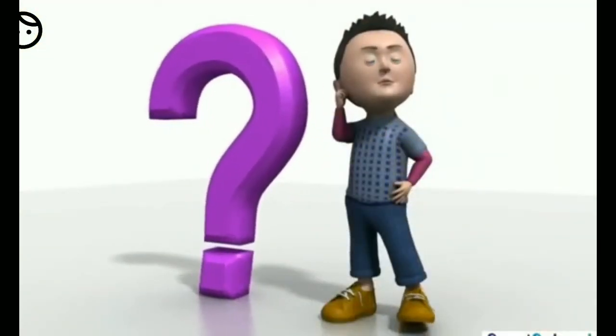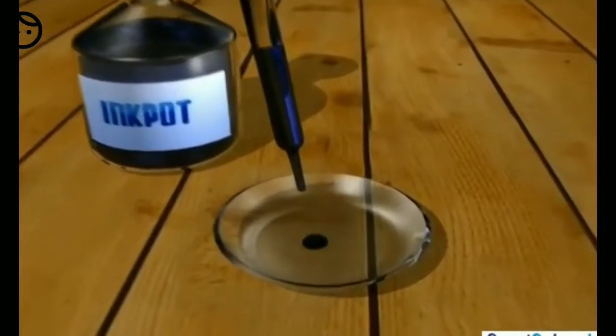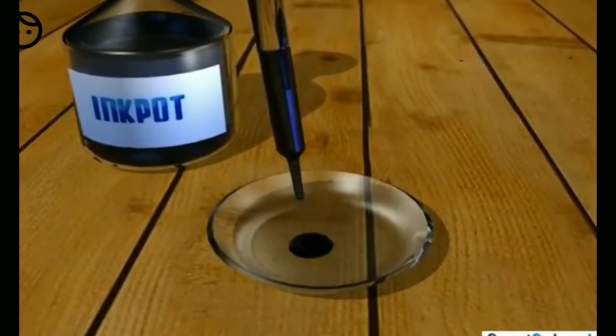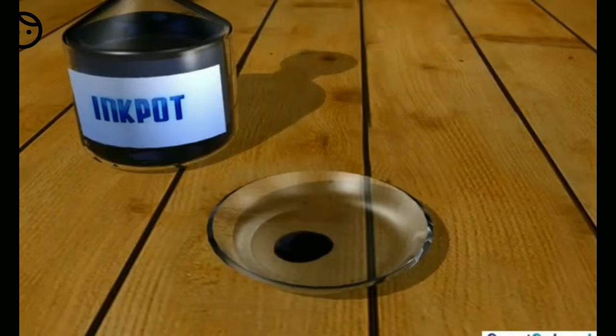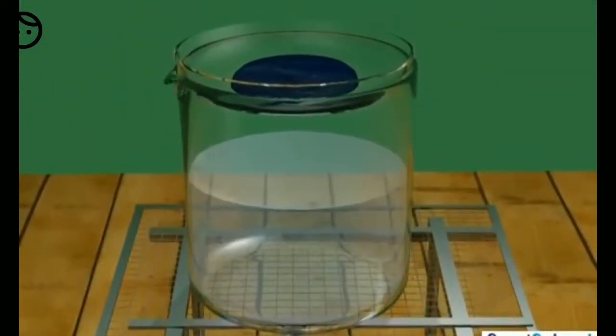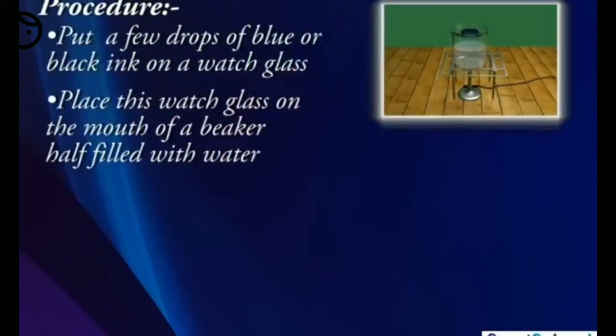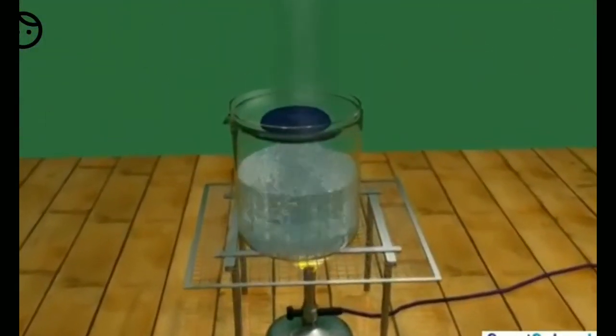But what actually is the procedure for separating the dye? Well, here it is. First, put a few drops of blue or black colored ink on a watch glass. Now, place this watch glass on the mouth of a beaker half filled with water. And then heat the water in the beaker.